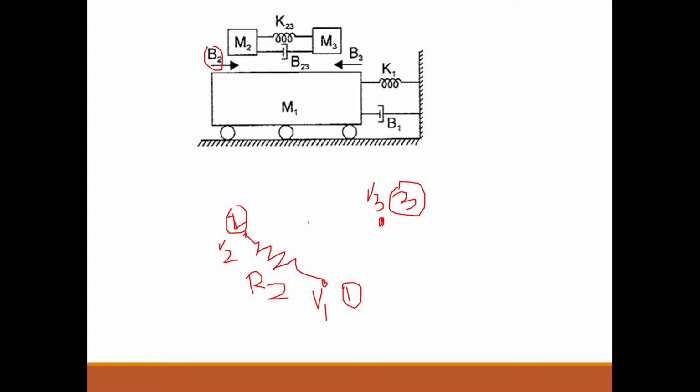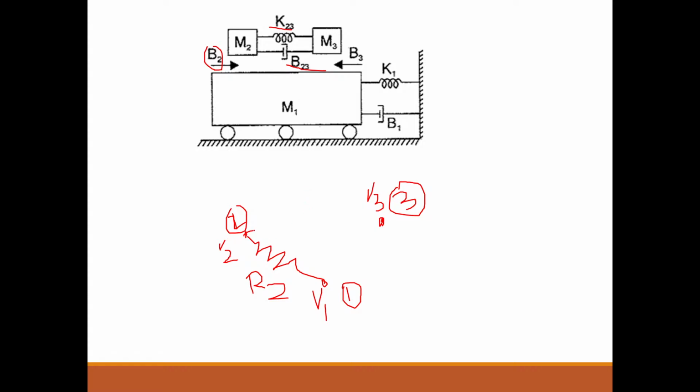Okay, now in between node 2 and node 3, there are two elements, isn't it? K23 and B23 are there between M2 and M3. What is K23? K23 is 1 by L23, and one more element is B23, which is 1 by R23. Since the inductance and resistor are both represented in terms of 1 by L and 1 by R, they should be connected in parallel to each other.